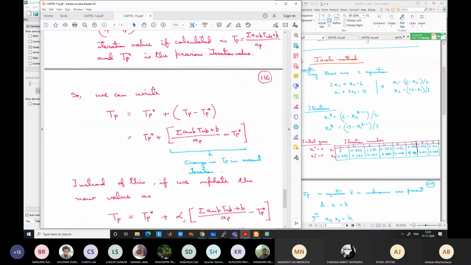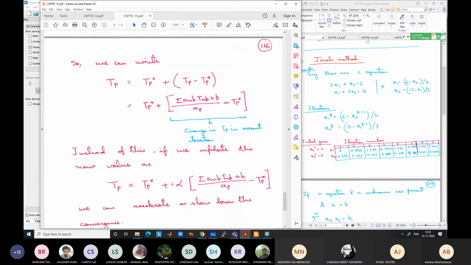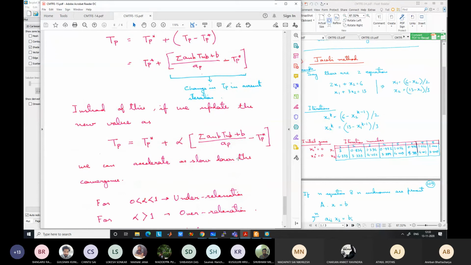This is the actual change that should have occurred, means we would have got this value after the actual change. Instead of this, if we introduce a factor alpha like this, if we update the new value as TP is equal to TP star plus alpha into what would have been hypothetically the new value minus the previous iteration value, we can accelerate or slow down the convergence. How? If the alpha value is larger than 1, in that case whatever the value is given by this change, we are increasing it.